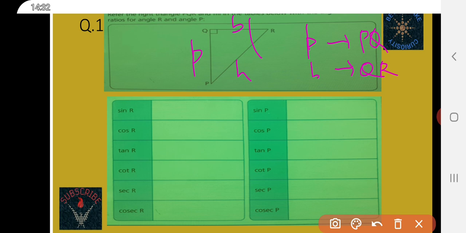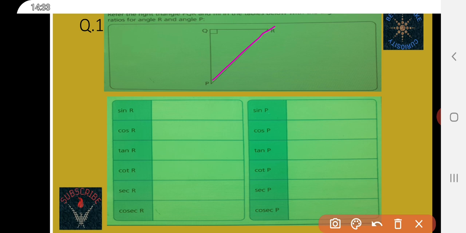So you can write sin R, sin is P by H, so P is PQ, H is PR.